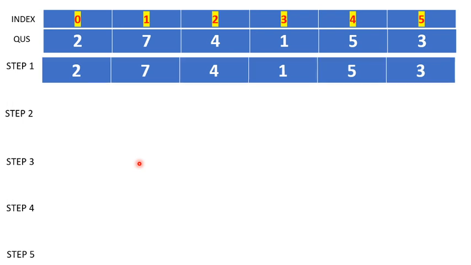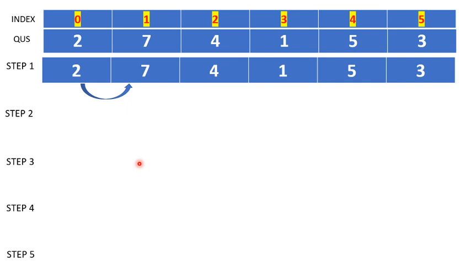first of all, we will scan index 0. In index 0 there is 2, and we will compare two adjacent elements. The two adjacent elements are 2 and 7, and they will be compared. Is swapping required here?